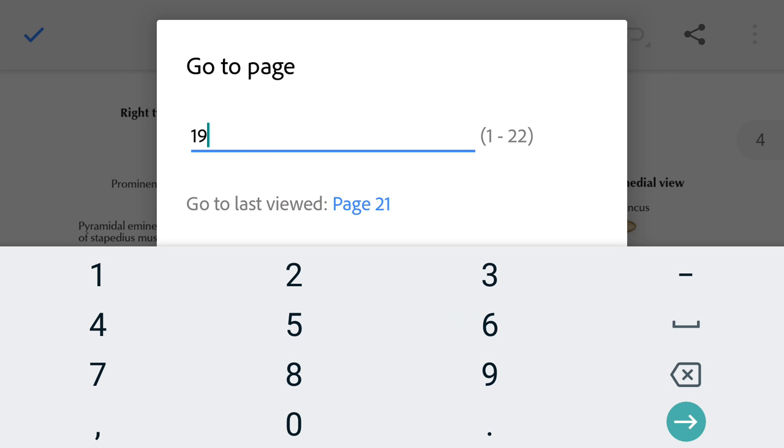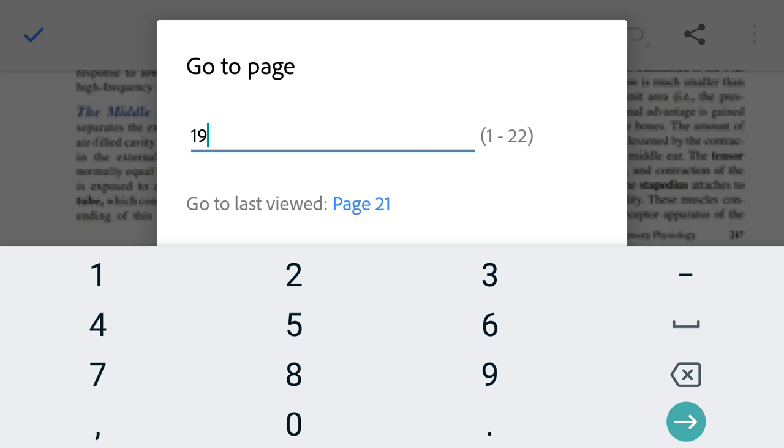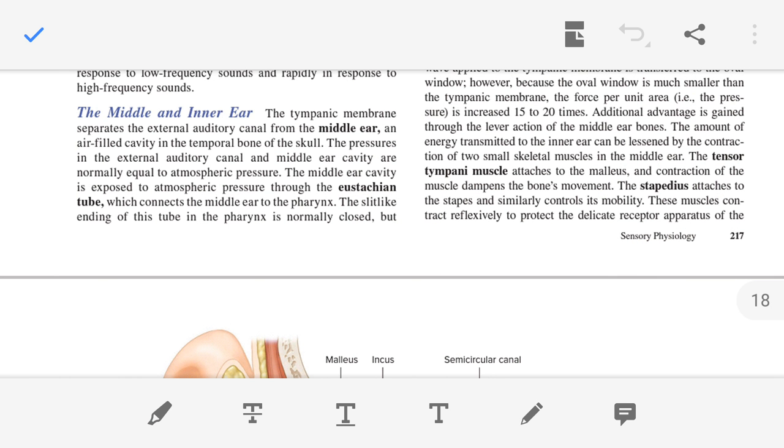So how is this attachment of muscle to malleus and stapes helping us? What role are these two muscles playing?